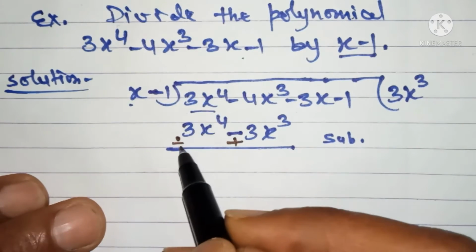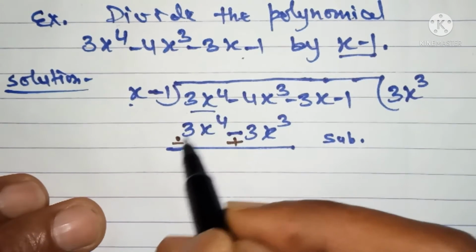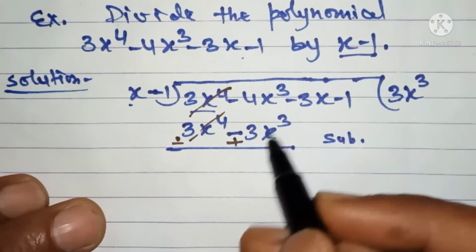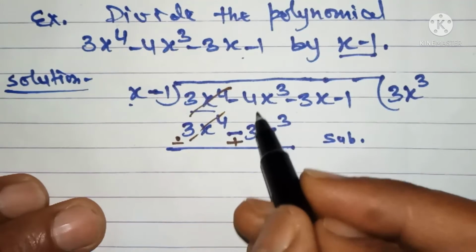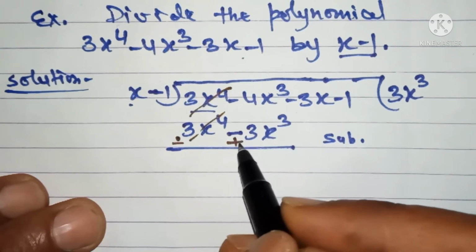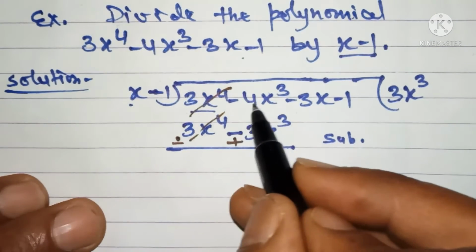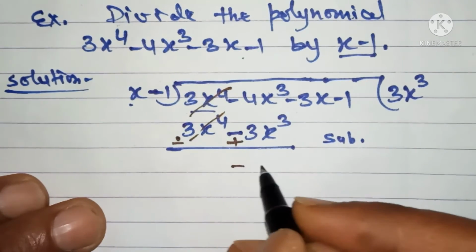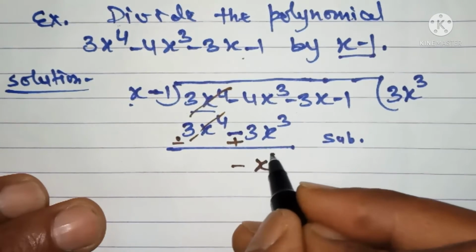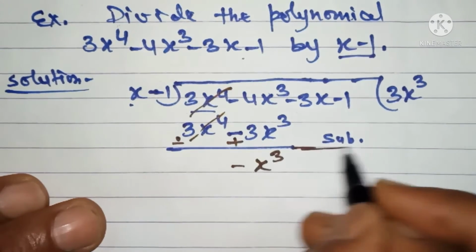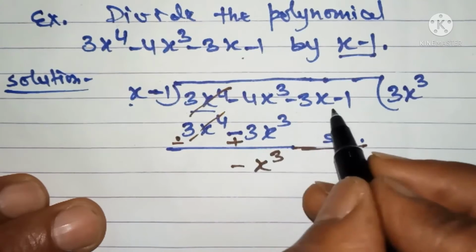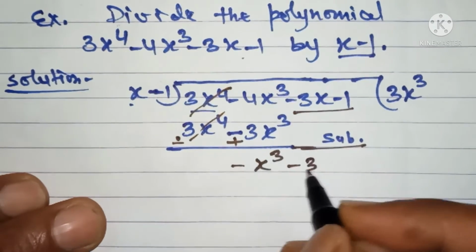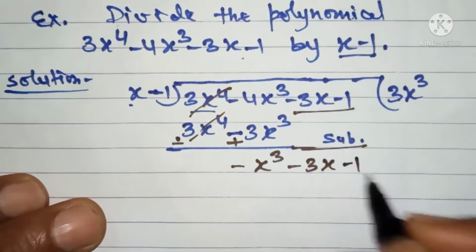Now 3x to the power 4 minus 3x to the power 4 will be cancelled. The resultant will be 0. Here 3x to the power 3 is of plus sign and 4x to the power 3 is of minus, so the resultant will be minus x to the power 3, and the rest part of the dividend will be as such, minus 3x minus 1.